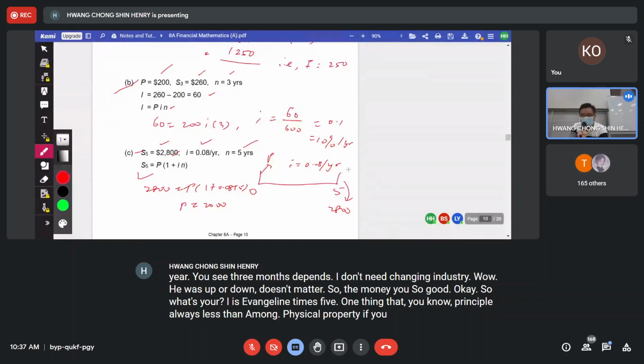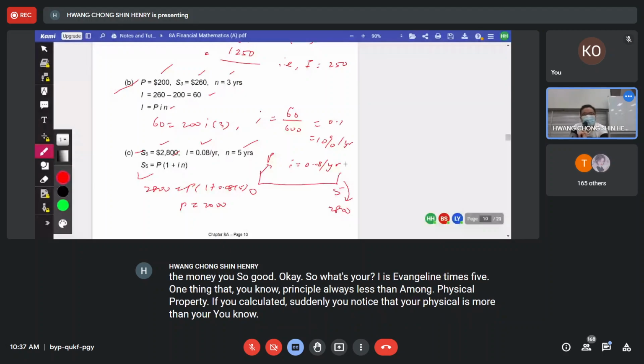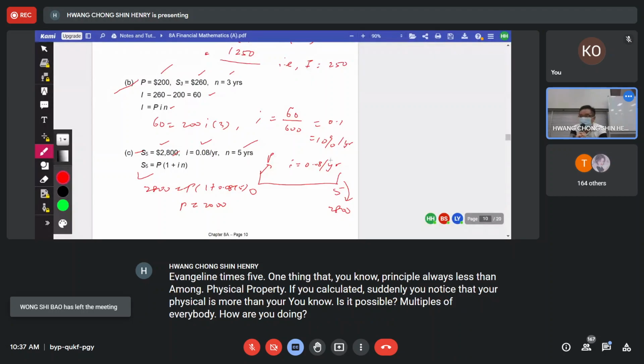If you calculate and suddenly you notice that your principal is more than your accrued amount, what happened? Is it possible? Not possible. Everybody wants their money to grow, right? If I consider my money getting less and less, I will question the bank, what are you doing? Everybody would take out their money already, right?